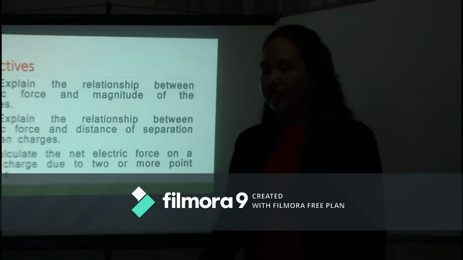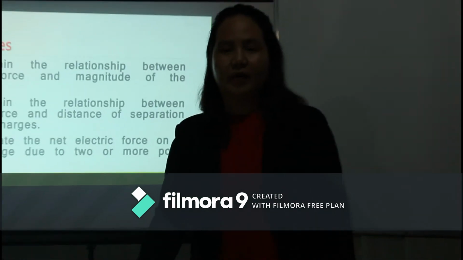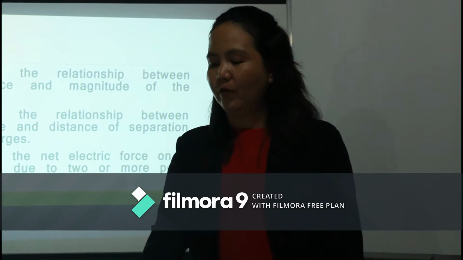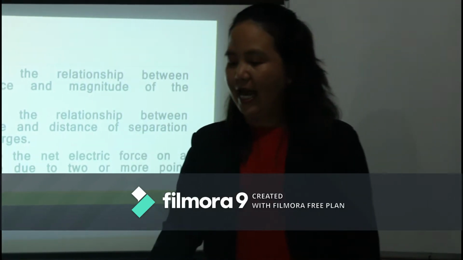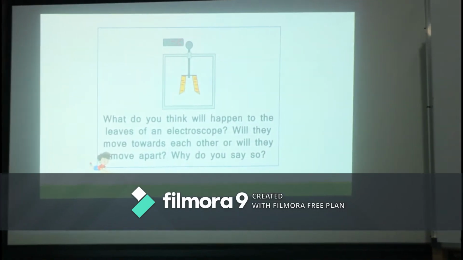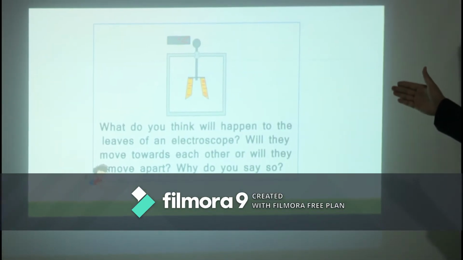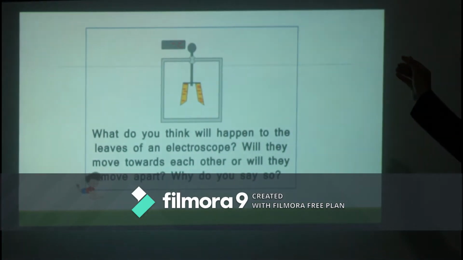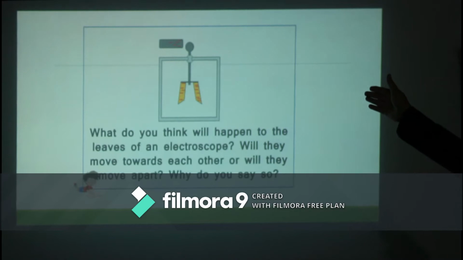In the previous session, you have learned about charges and the methods of charging. Let us recall the key ideas by answering this task. So here is an electroscope. A negatively charged object is placed near an electroscope.